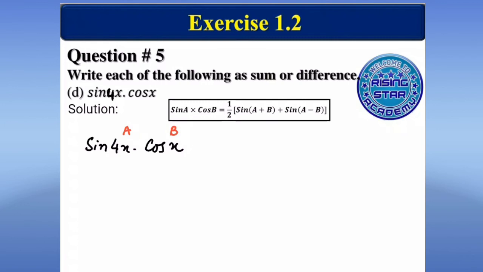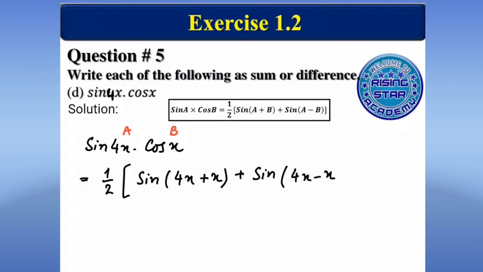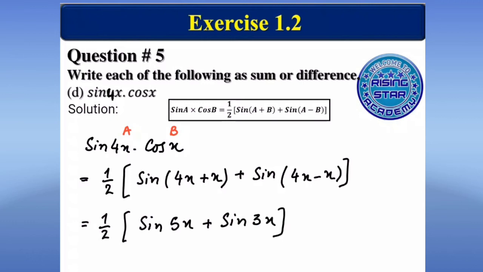Now I will write 1 over 2 sine of 4x plus x, plus sine of 4x minus x. So we have 1 over 2 sine of 5x plus sine of 3x. So that is our final answer.